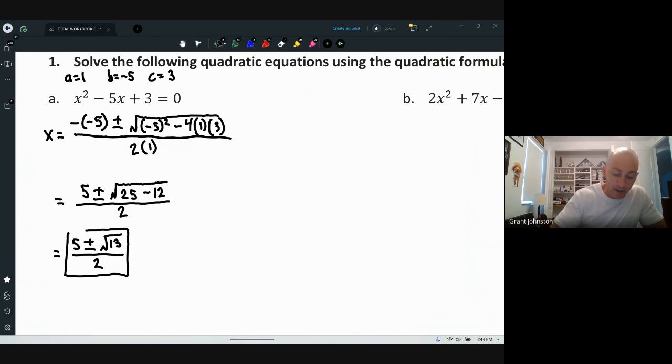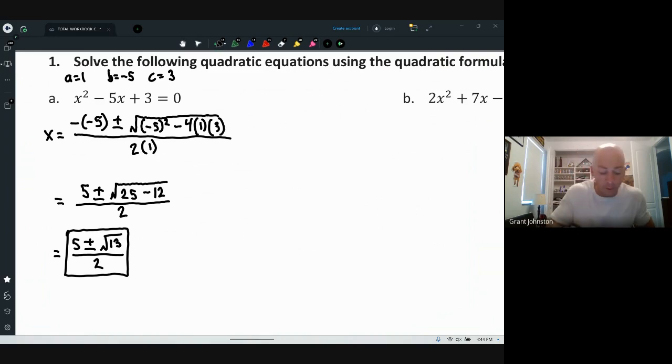Reason being is because the square root of 13 doesn't simplify. It's some crazy irrational number. You can type it in here, and you'd have to round, and I want exact answers. So my two answers, there's technically 2 answers here, are 5 plus square root 13 divided by 2, and 5 minus square root 13 divided by 2, right? Because that's what that plus or minus symbol means.